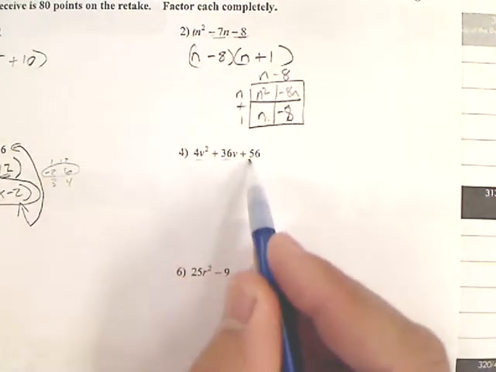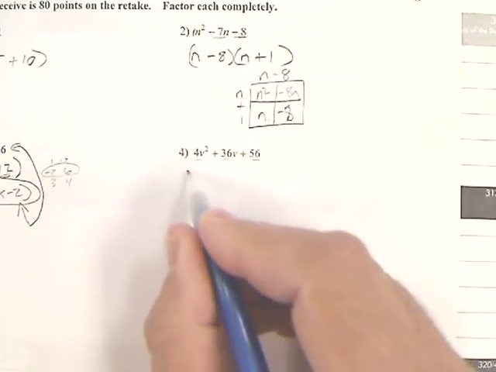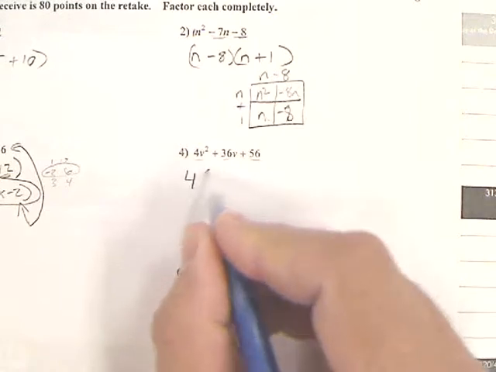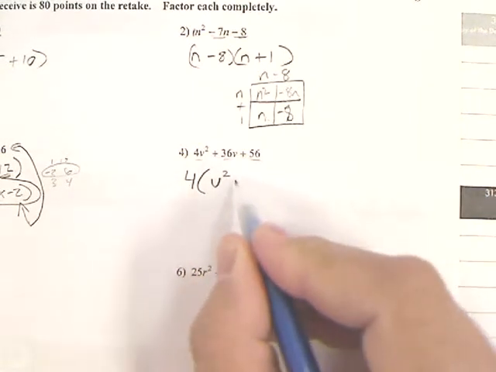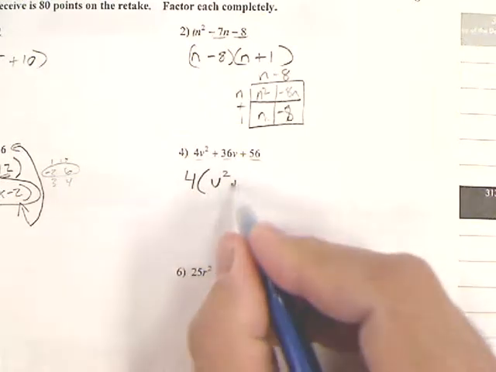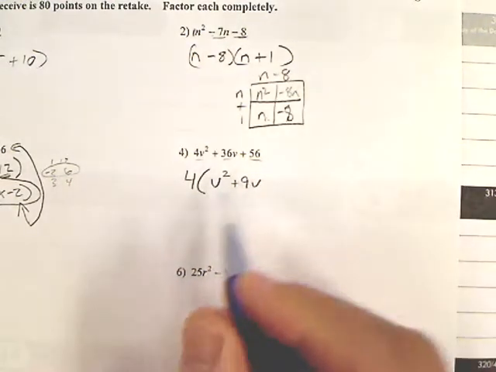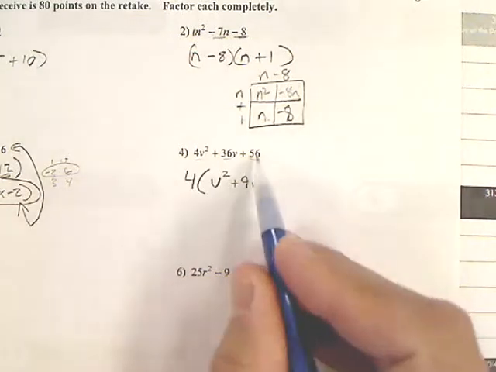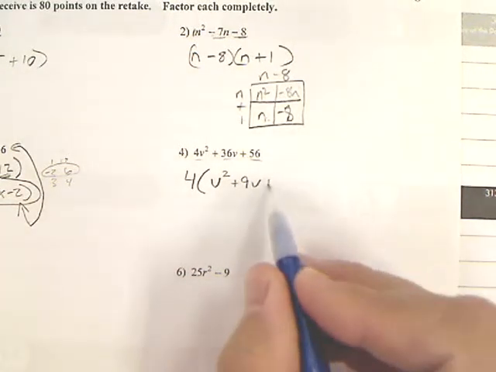Common factor, I have a 4. 4 times what is 36v? 4 times what is 56?